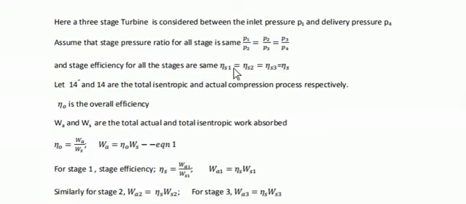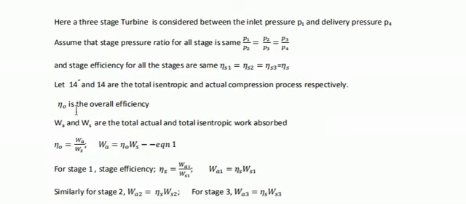So this is the stage efficiency, stage 1, stage 2 and stage 3 efficiency, and this is the overall efficiency, that is eta s. Now let 1-4'' and 1-4 be the total isentropic and actual compression process respectively.